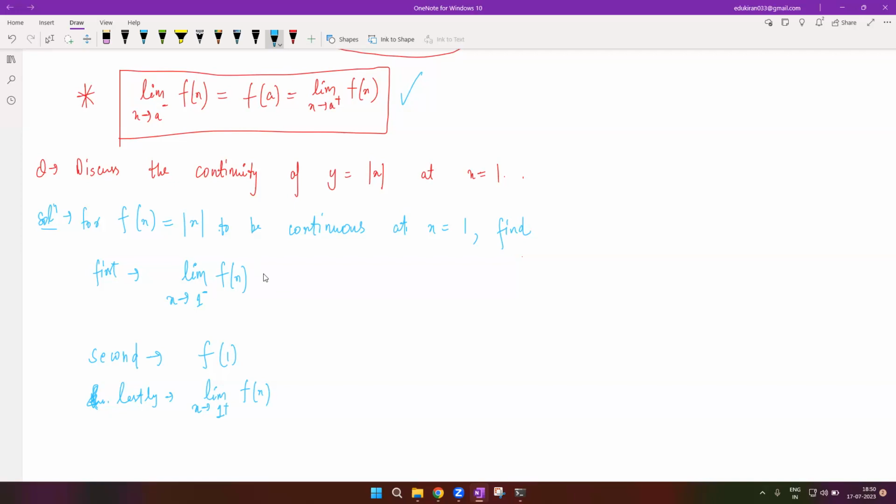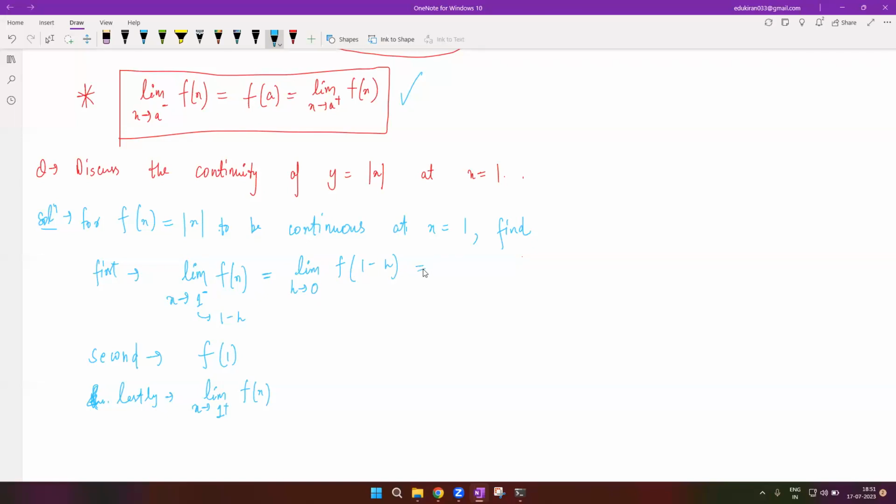So let's first calculate LHL at 1. In the next step, I can write it as limit h tends to positive. Why? Because I know 1 negative means 1 minus h. So instead of x, I will replace it with 1 minus h and limit h tends to 0.